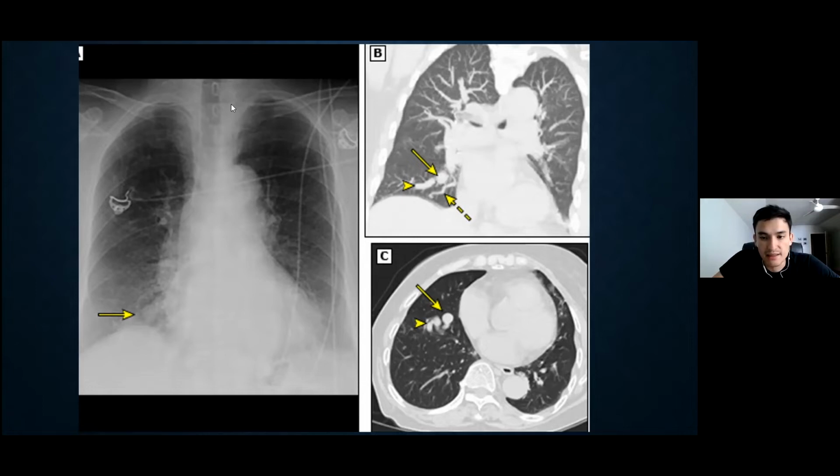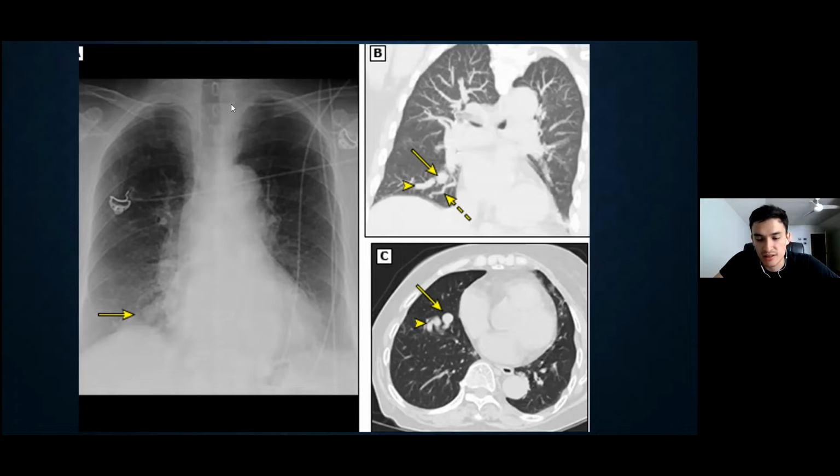So we can see that the nodule has two lines, one thick line and one thinner line. The thick line is a large draining vein, and the thinner line is a feeding artery. So this is the typical presentation of AV malformation.